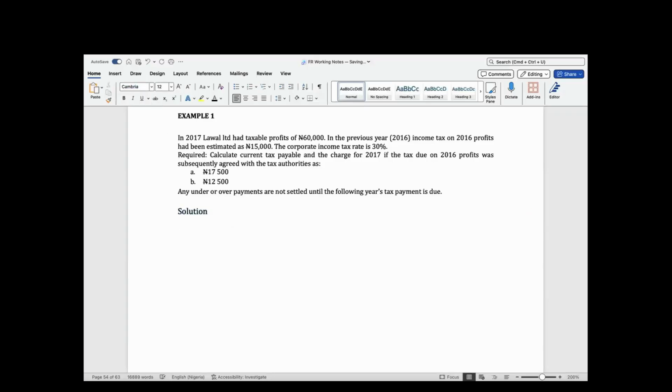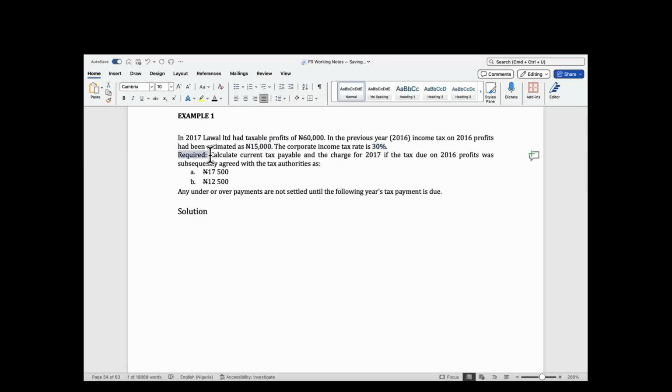So now, this is a question on current tax. You will see that we are in 2017, and as far as 2017 is concerned, we have a taxable profit of 60,000. But last year, in 2016, the tax on 2016 profits, we estimated 15,000. And the tax rate was based on 30%.